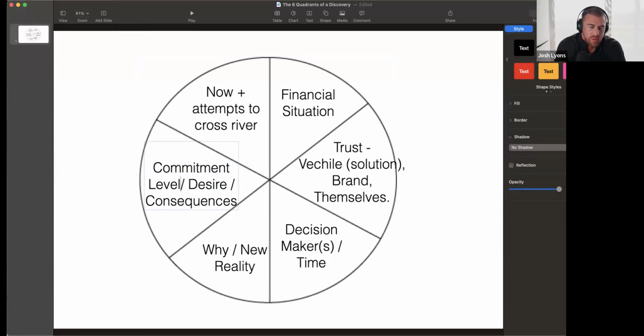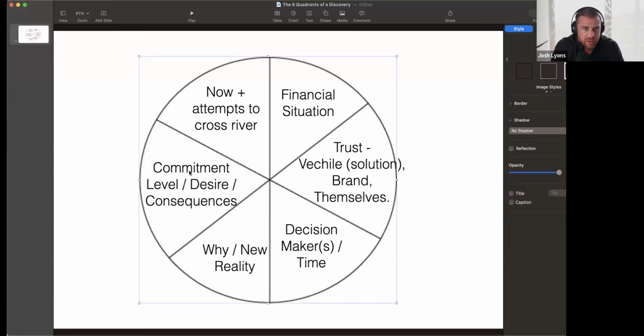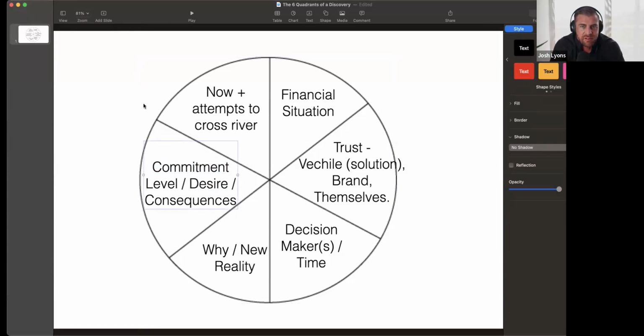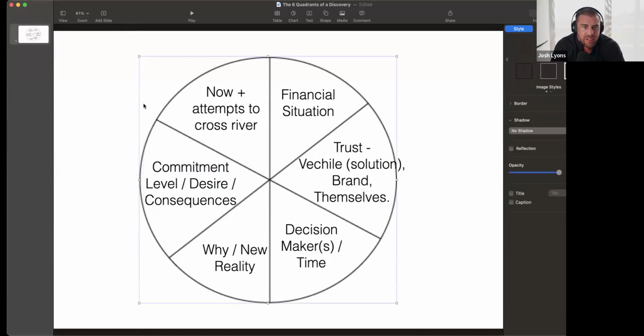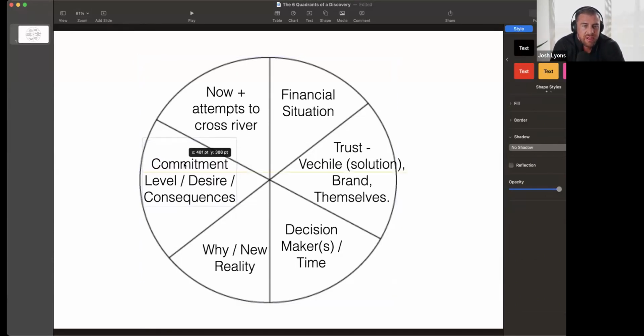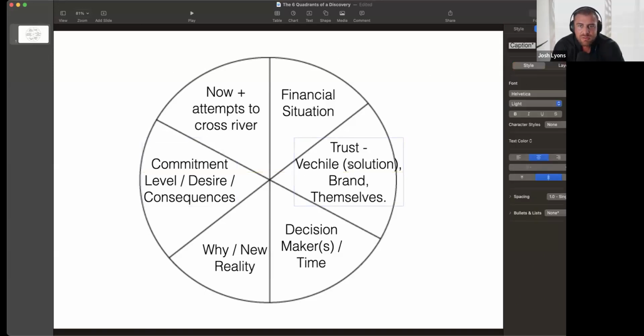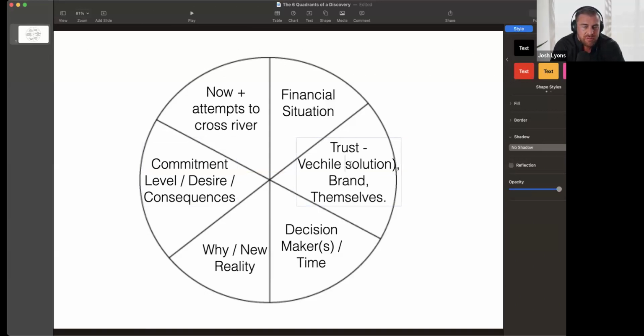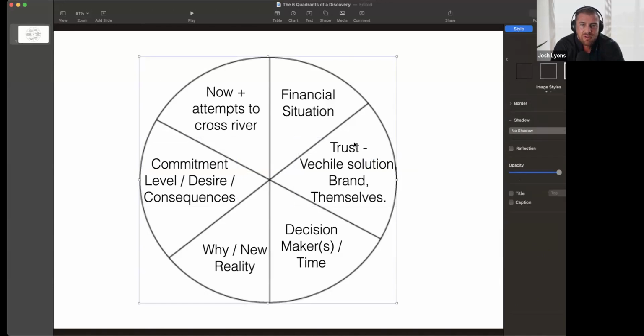One other thing, I want to just go backwards very quickly. When we're talking about commitment level and stacking the desires or stacking the consequences, just bear in mind having 5, 6, 7 low resolution reasons or consequences is probably going to do very little for you. What matters more is that for each of the reasons or the desires that are significant, how specific have you gotten into those?